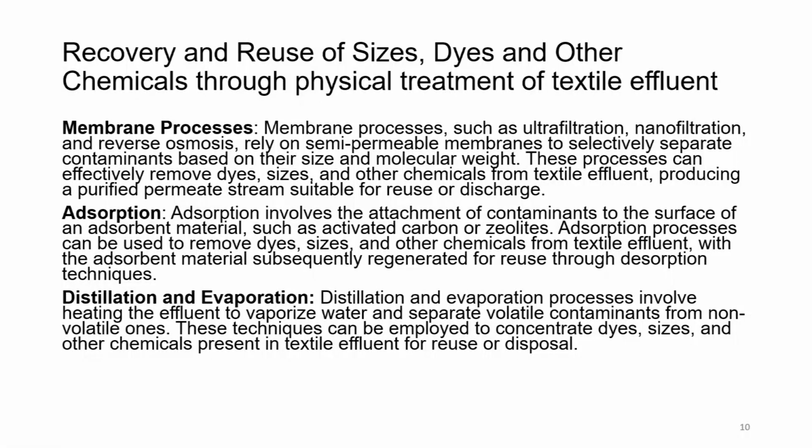Distillation and evaporation. Distillation and evaporation processes involve heating the effluent to vaporize water and separate volatile contaminants from non-volatile ones. These techniques can be employed to concentrate dyes, sizes and other chemicals present in textile effluent for reuse or disposal.